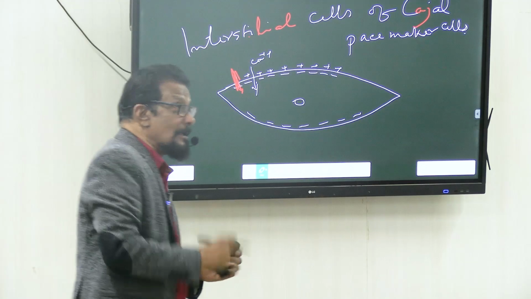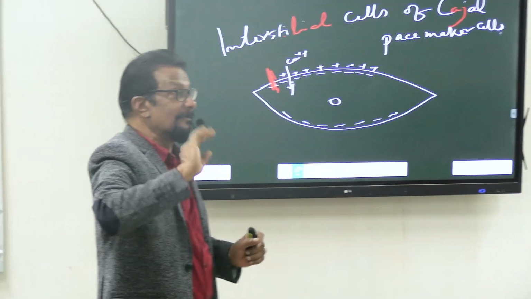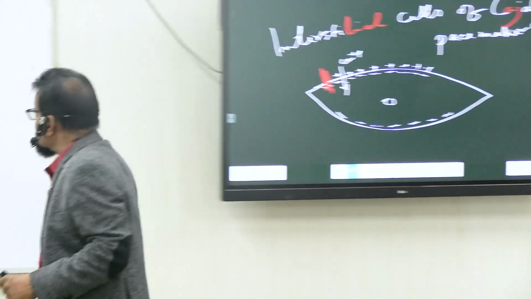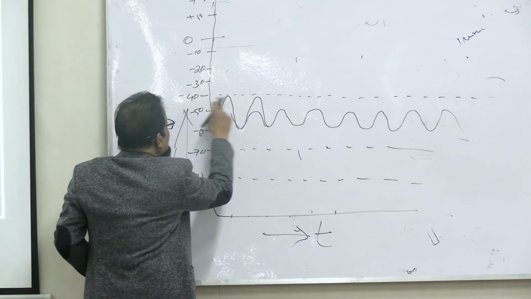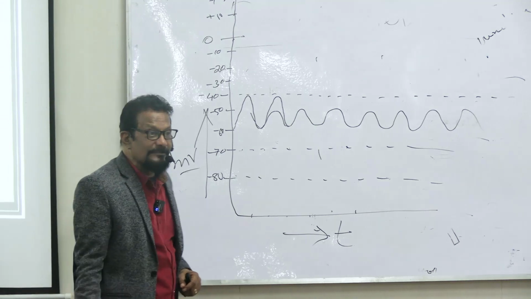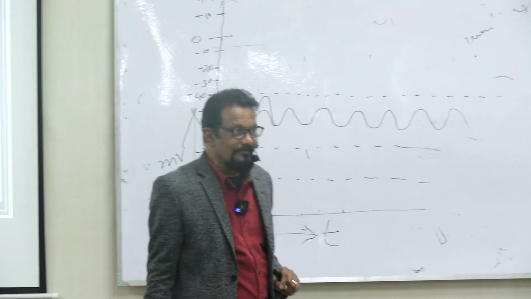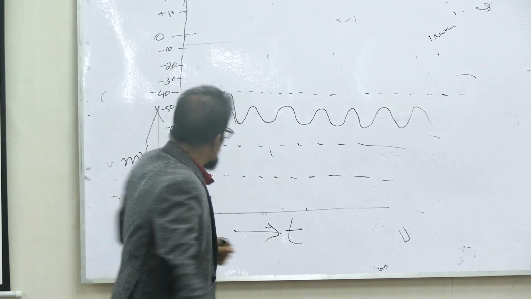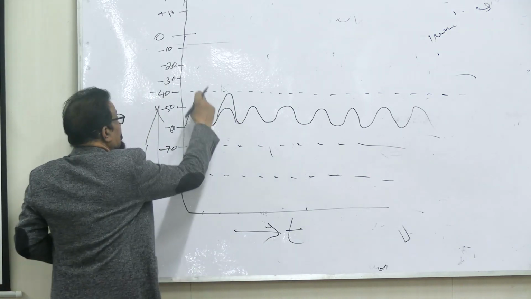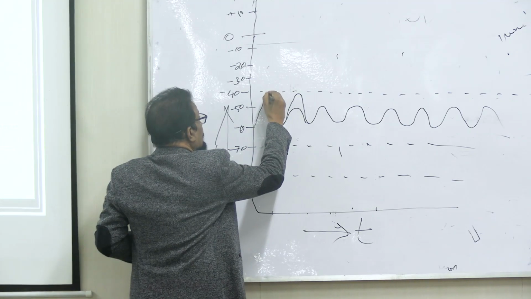And as a result, rapid change in potential will be there. So whenever this slow wave is touching this minus 40 millivolt, this is the threshold limit. This Lakshman Rekha is threshold limit. When this resting membrane potential will be touching this, immediately what will happen?